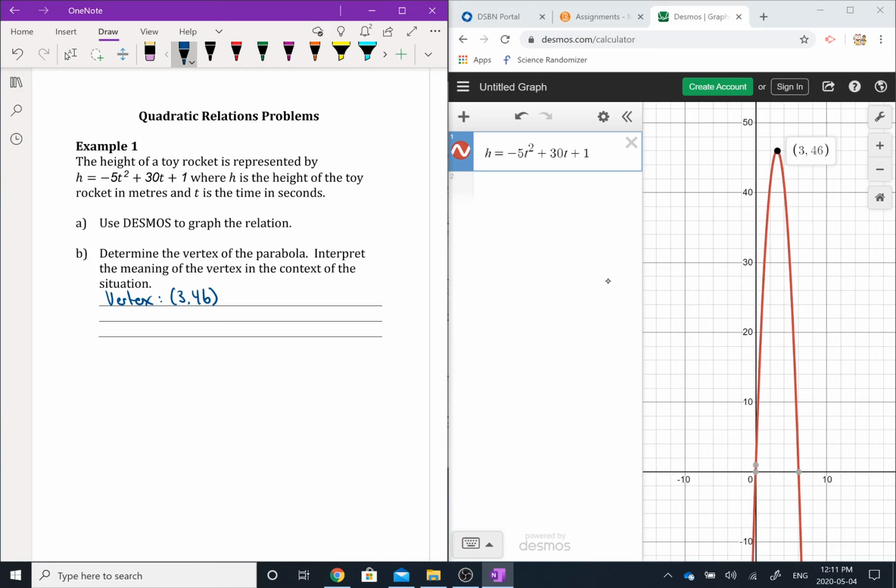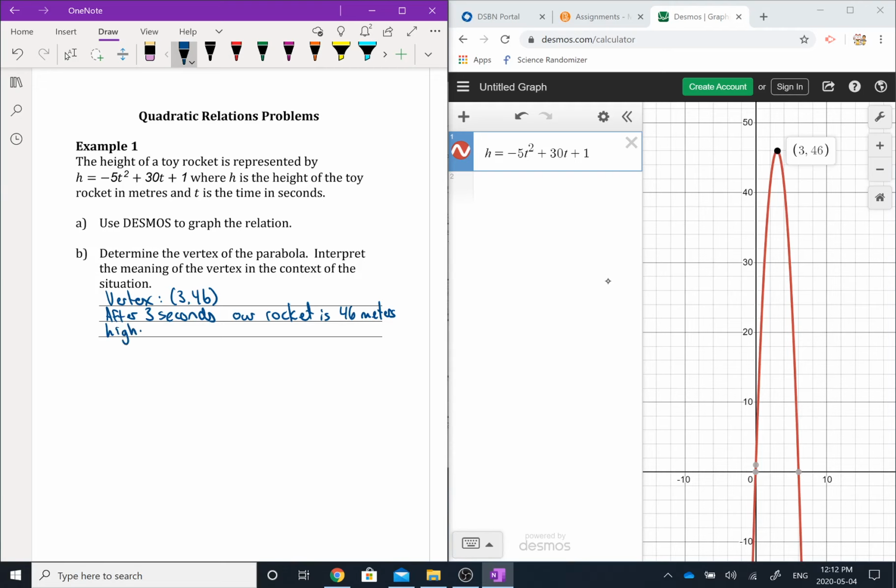In the context of the situation, the x value represents the time. So our time is 3. This means that after 3 seconds, our rocket is, and if we look at the y value, we know that the h value represents the height in meters, that our rocket after 3 seconds is 46 meters high.